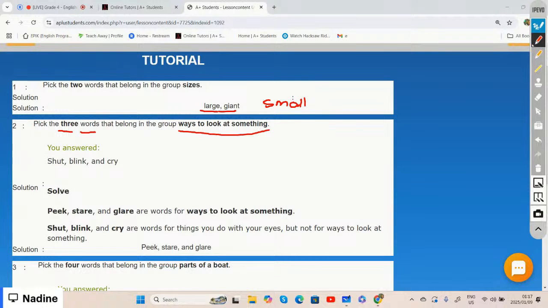And if we were to identify three ways in which you can look at someone, then we can say you can either stare at someone, you can peek at someone, or you can glare at someone. These are different kinds of ways that you can look at something or someone. So it's either you stare, or you peek, or you glare. And if you look at those words, yes, all three of those words mean that you're looking at someone, but in a different way.